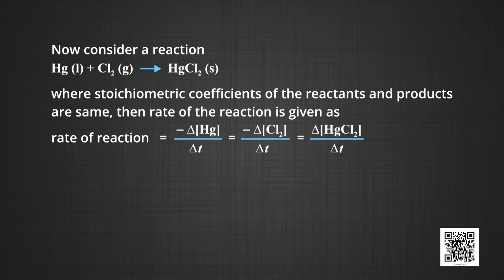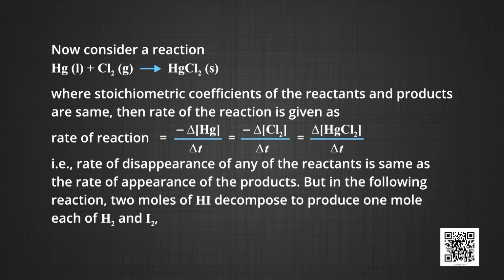Then the rate of the reaction is given as: rate of reaction equals minus delta molar concentration of Hg divided by delta T, equals minus delta molar concentration of Cl2 divided by delta T, which is further equals to delta molar concentration of HgCl2 upon delta T.